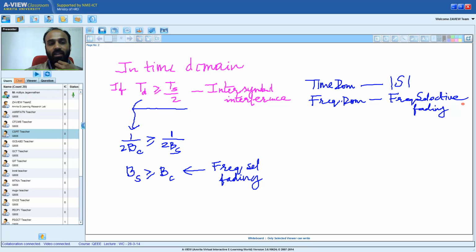For instance, let me give you this example. Let's calculate this simple thing.